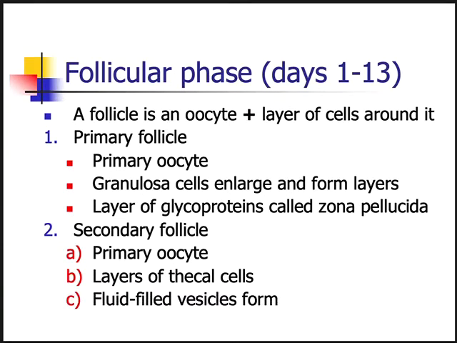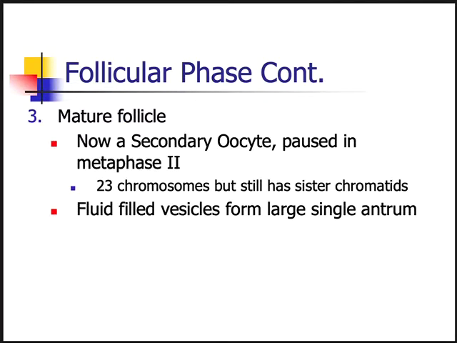So you have fluid-filled vesicles that form during the secondary follicle as well. And when those fluid-filled vesicles enlarge into a single vesicle, it's called an antrum, and that's the characteristic appearance of a mature follicle. Most importantly, what makes this a mature follicle is that now you have a secondary oocyte.